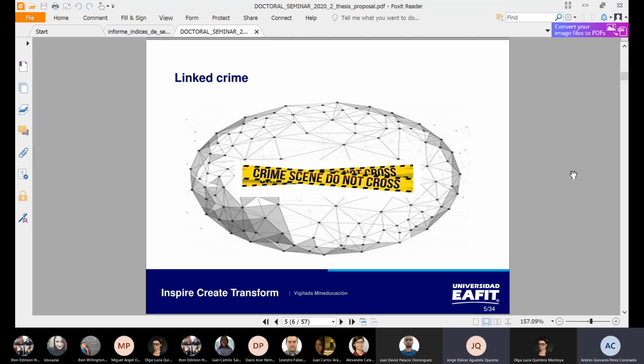And this is the crime scene do not cross, because the police officers and states should or must investigate these crimes. So they are related. The idea is criminal events and criminal networks are related, of course.